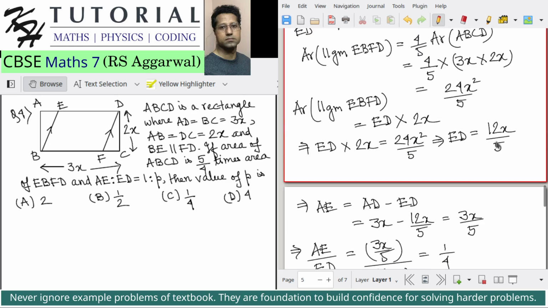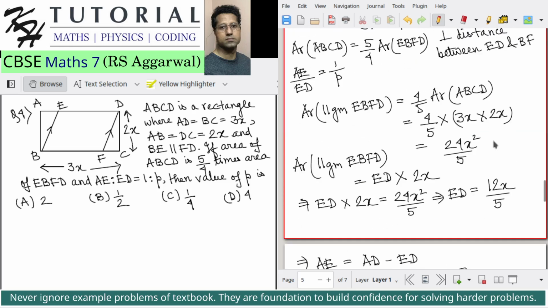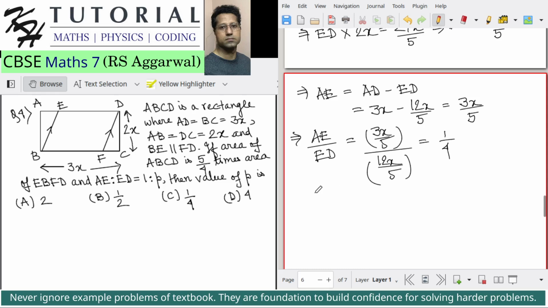So AE by ED is equal to 1 by 4. Now AE by ED is given to be 1 by P. So 1 by P is equal to 1 by 4. This clearly implies that P is equal to 4. So the correct choice is D. The value of P is 4.